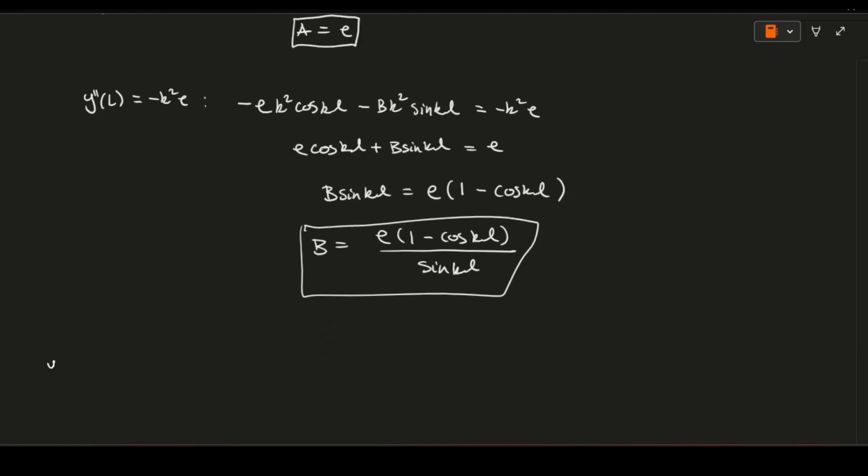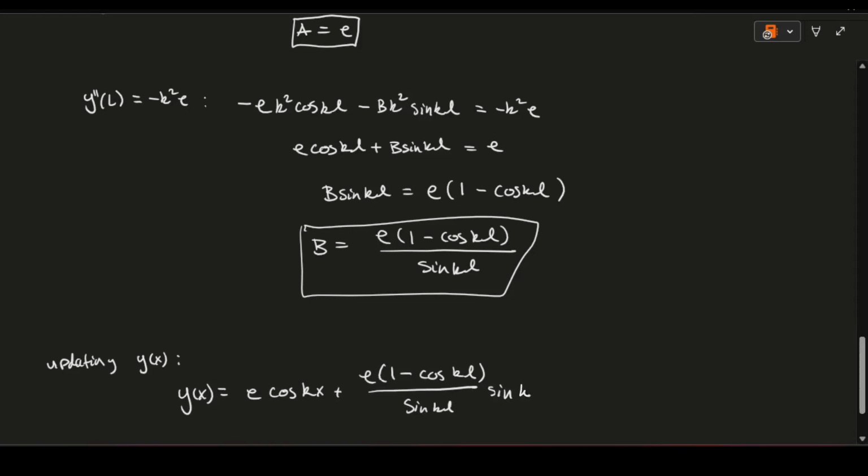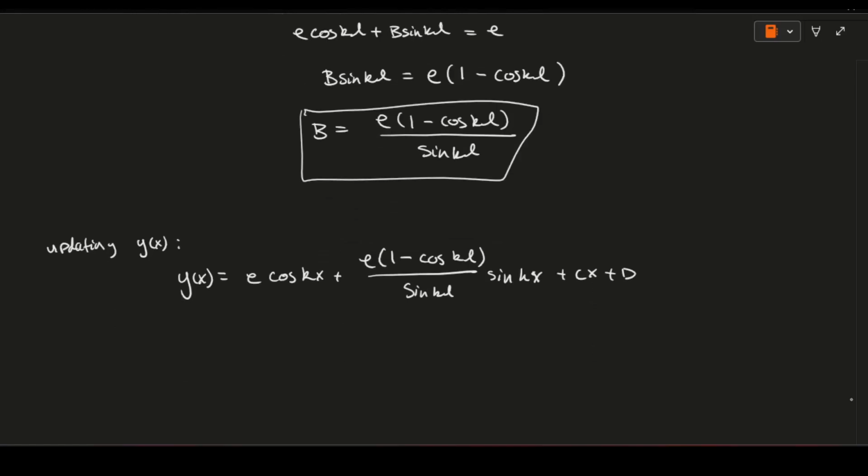So we can update y of x. We get y of x is equal to E cosine kx plus B, which is what we just solved for, E times 1 minus cosine kL over sine kL, sine kx plus Cx plus D. And we can use a boundary condition, y at 0 equal to 0.